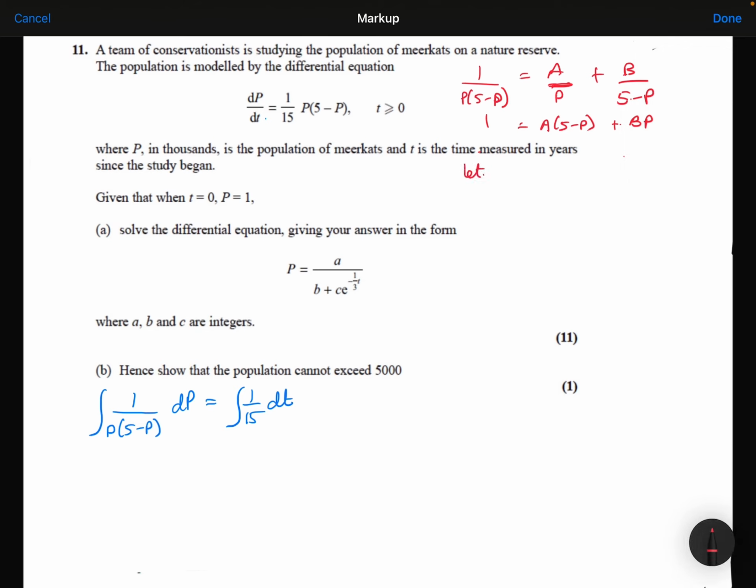I'm now going to say let p equal 0, because that's going to make this term become 0 and allow me to just work out the a. So if p equals 0, the left-hand side would just be 1, and that's going to be equal to a times 5 minus p. 5 minus 0 is just 5. So a is 1/5.